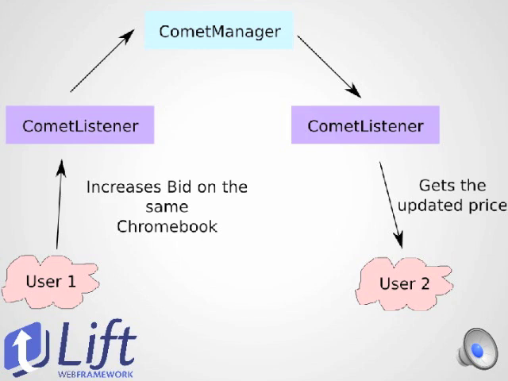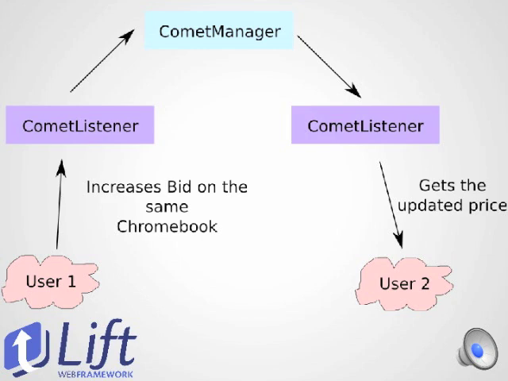This is where you can go ahead and have an object. An object in Scala, you only have one per JVM. In this case, it will be a CometManager. You declare an object and extend the CometManager trait. That will be the centerpiece, knowing all the Comet actors on your JVM, on your Lift server. Then each Comet will extend the CometListener trait, and as part of that, you tell Lift to register with a specific CometManager.